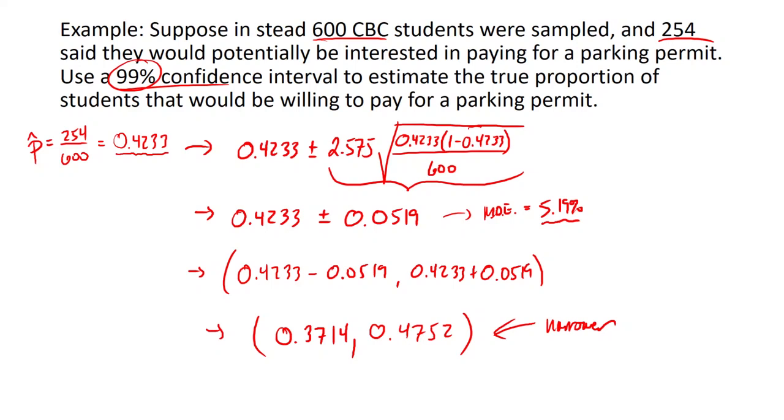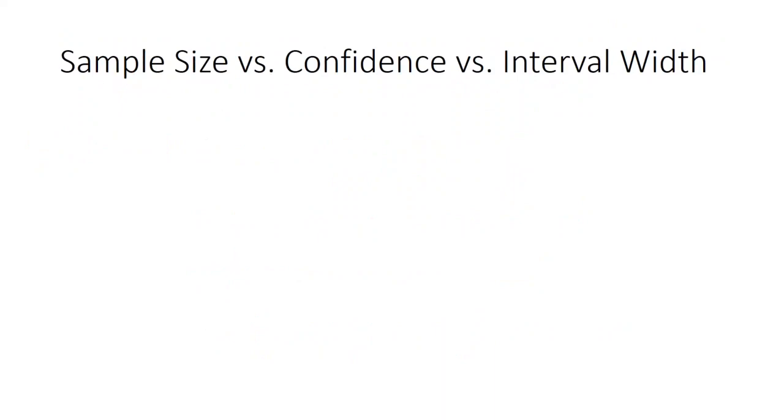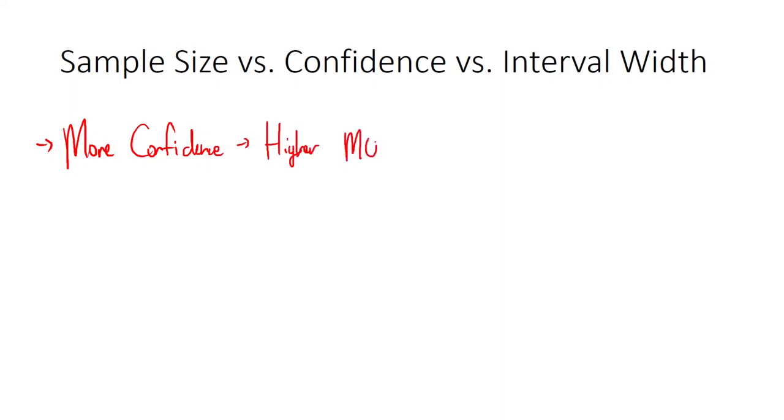Any questions on that? You feel like you can at least use the formula? Okay. So you want to be able to use the formula. Plus, now we can see the relationship between confidence levels and interval widths and margins of error. Basically, the idea is, if you want more confidence, you're going to have to accept a higher margin of error, and you're going to have to accept wider intervals.